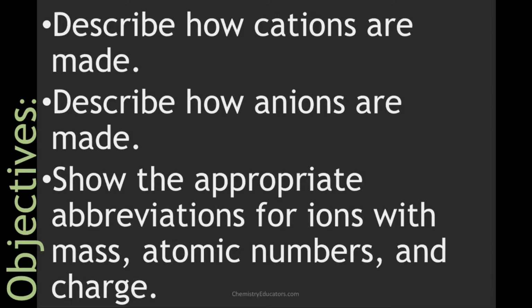That's just those numbers. If you've looked forward in your homework, there's numbers on the top, bottom, left, and the right of your symbol of the element. So we're going to quickly learn what cations and anions are and how to do our little numbers on the sides of our symbols so we can appropriately abbreviate ions.